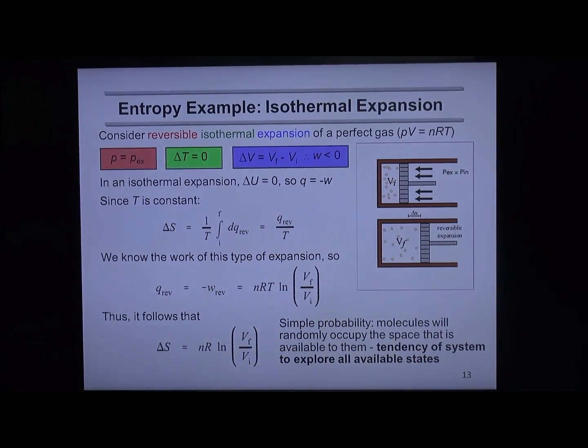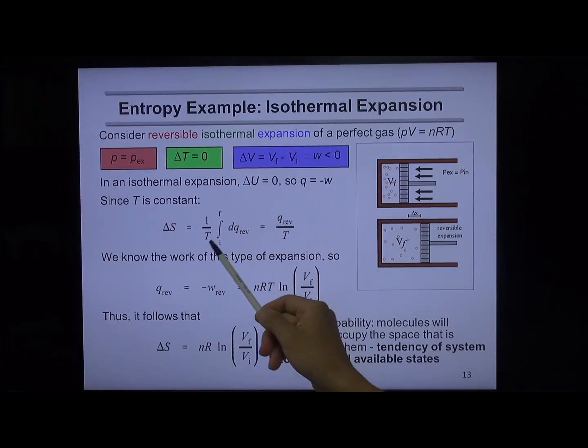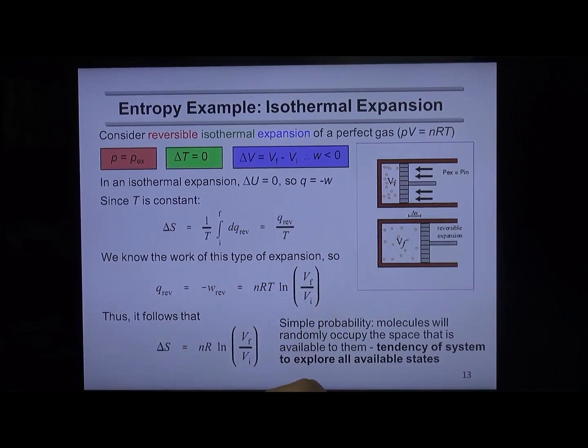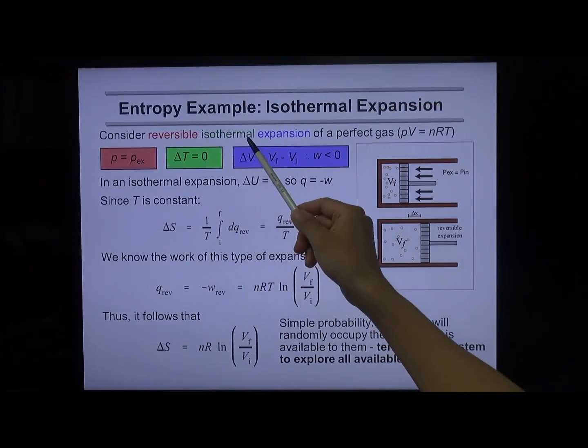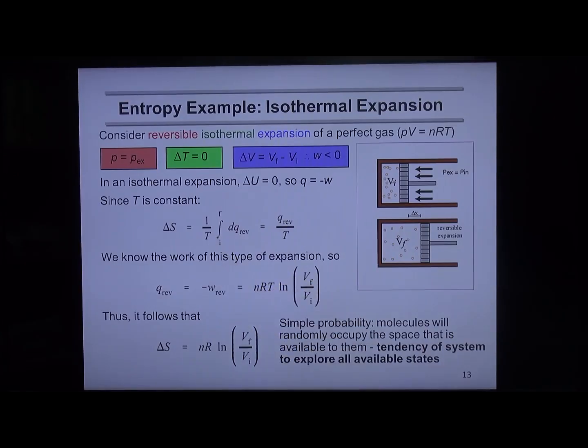What we want to calculate is delta S. You can do this integration: integral of dq reversible over T. Since this process is isothermal, temperature is constant, so you can move temperature out of the integral.